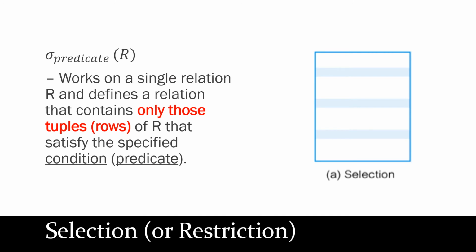To mention the selection or restriction in relational algebra, we use this kind of symbol. And then we also need to specify the predicate, and we also need to specify the relation. Selection works on a single relation R and defines a relation that contains only those tuples or rows of R that satisfy the specified condition or predicate.